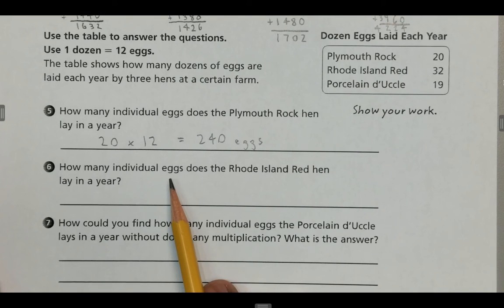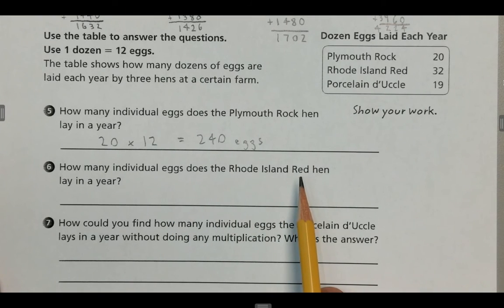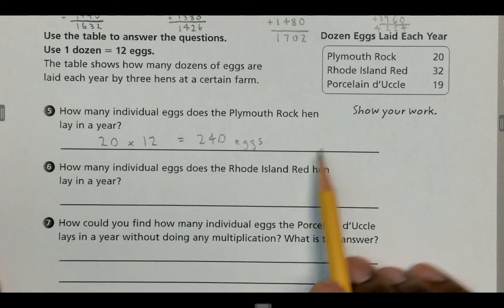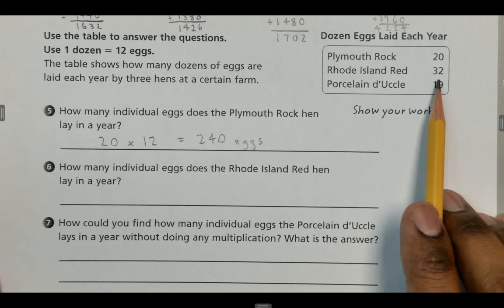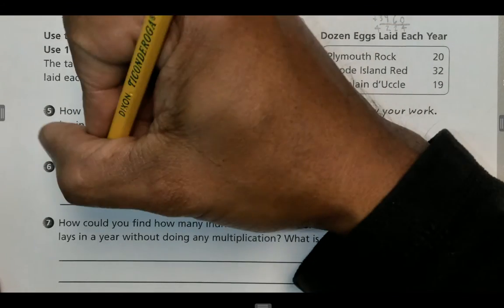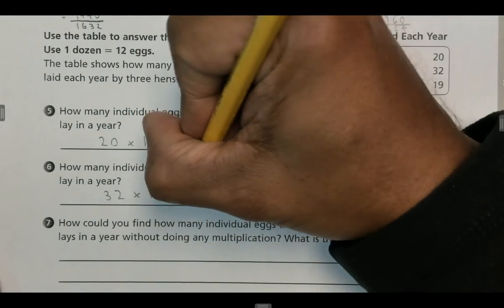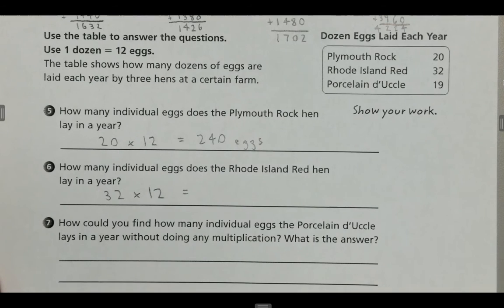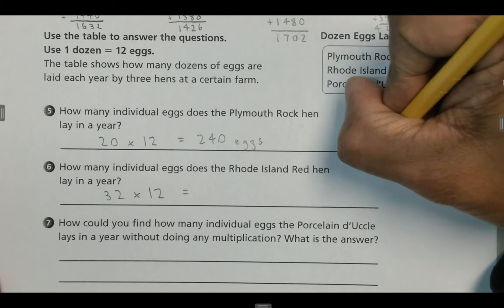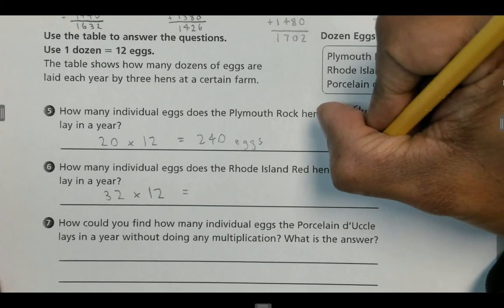Question 6, how many individual eggs does the Rhode Island Red hen lay in a year? Well, the Rhode Island Red is good for 32 dozen. So to convert that to individual eggs, we'll do 32 multiplied by 12. And I'm going to set this up and solve it using the traditional algorithm.